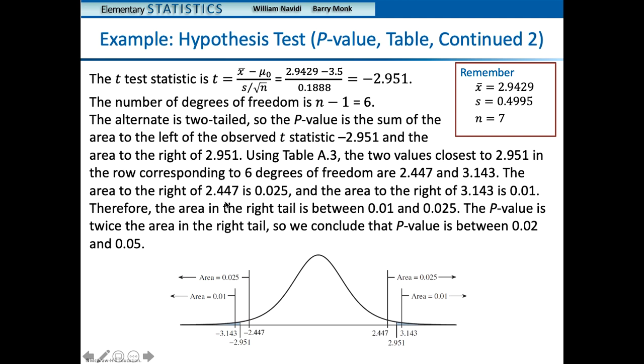The area to the right of 2.447 is 0.025. The area to the right of 3.143 is 0.01. So the area to the right of 2.951 is a value between 0.01 and 0.025. Now, because it's a two-tailed test, the p-value will be twice the area in the right tail. So we would double both of these values, right? And we would conclude that our p-value falls somewhere between 0.02 and 0.05.